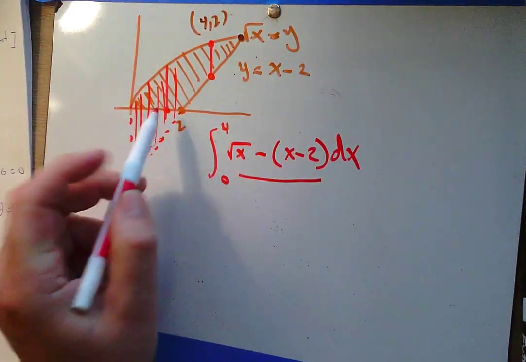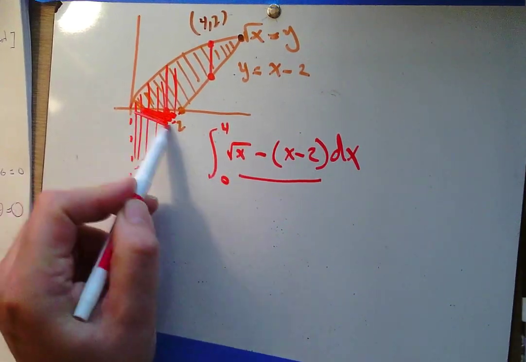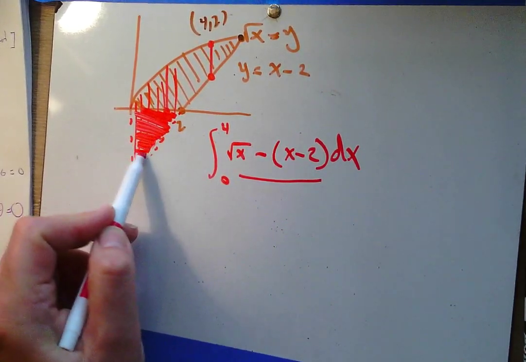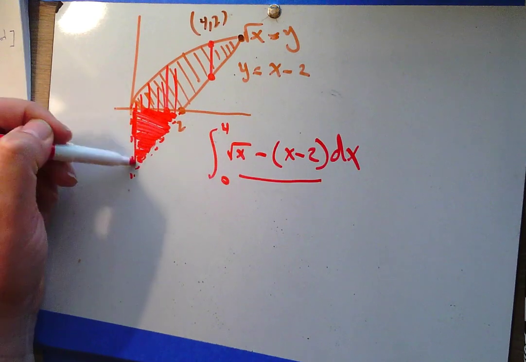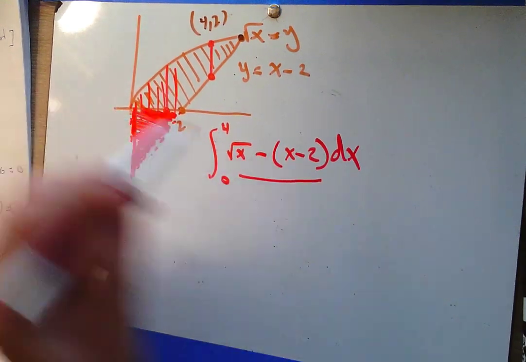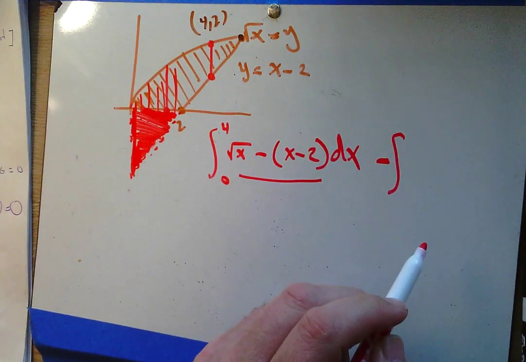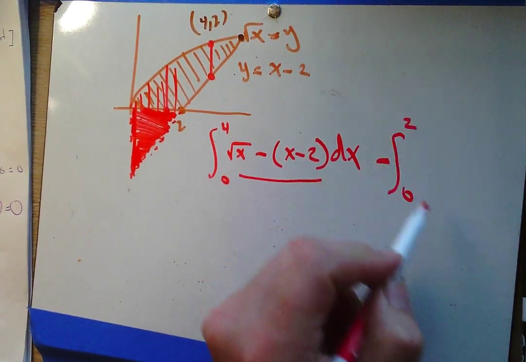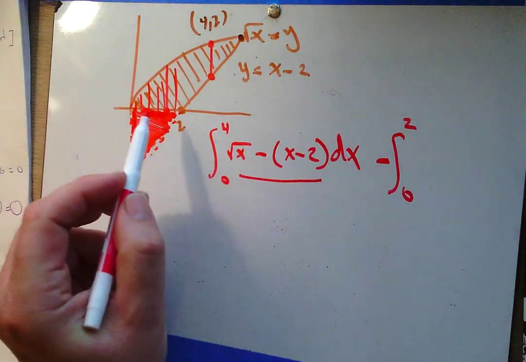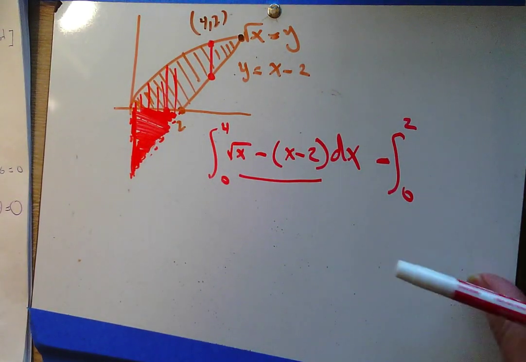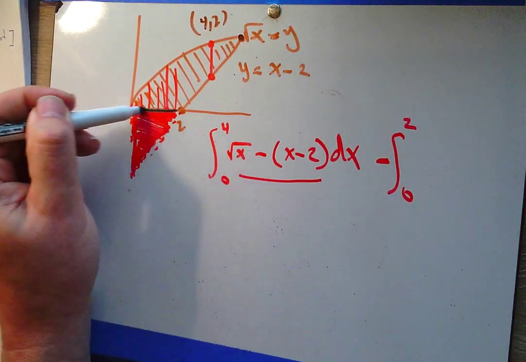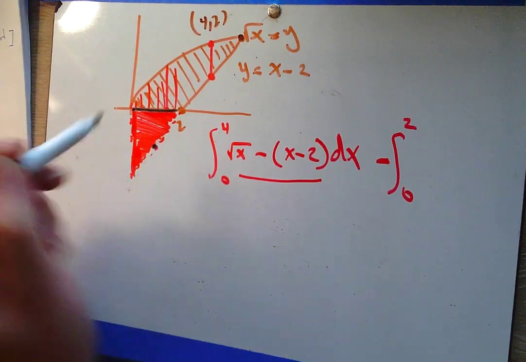I guess you could say, well, this shape here is a triangle. And so you could find that integral and subtract from it the integral from 0 to 2 of, now you can use top minus bottom, because this is the top and this is the bottom.